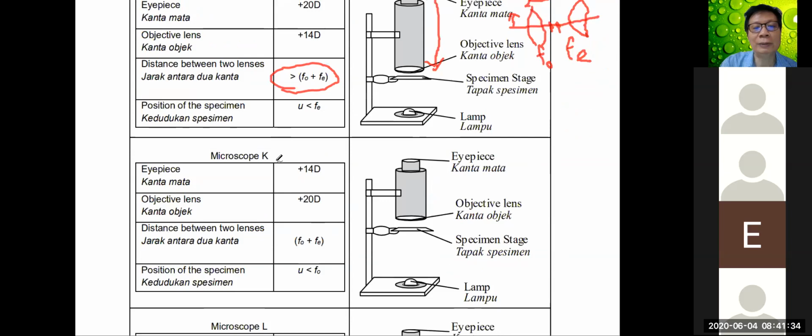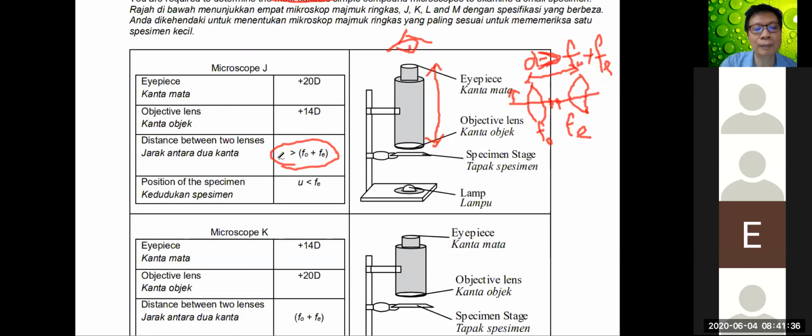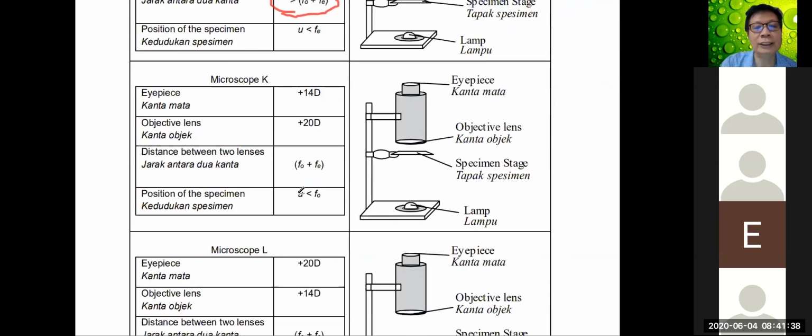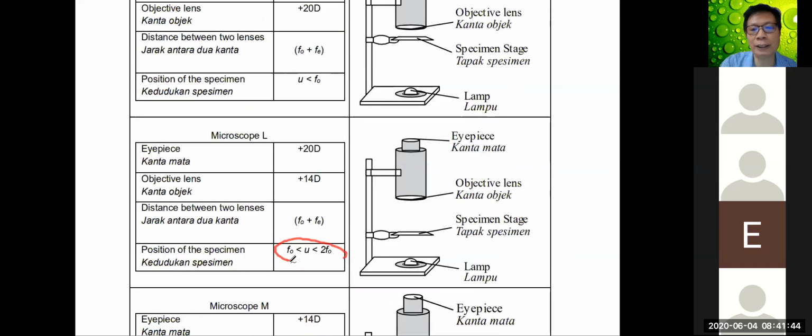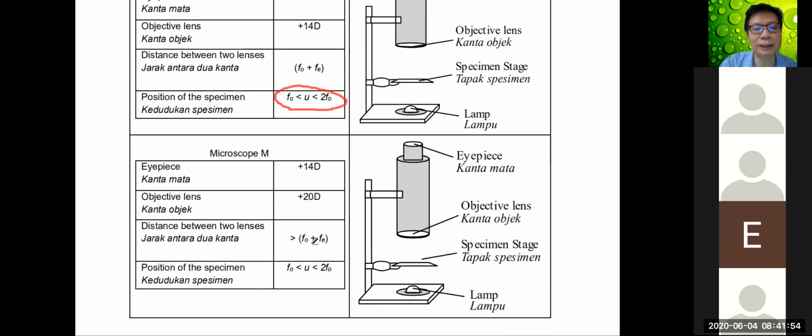So out of all these, which one do we choose? The distance of the object must be between 1F and 2F. But this one is wrong already, the distance must be bigger. So which one is the answer? I think the best is this one.